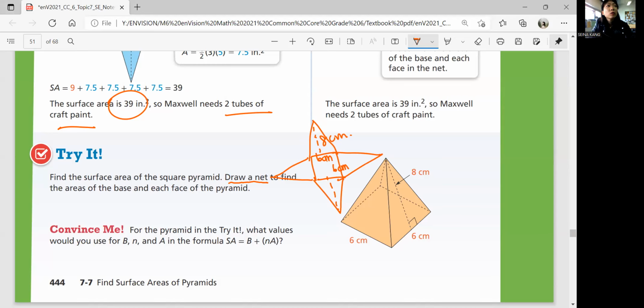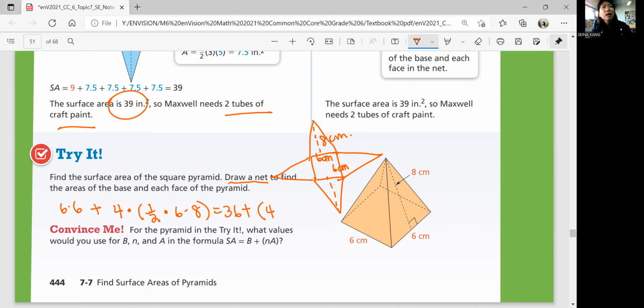So your area would be the area of the base, 6 times 6, plus 4 times, because you have 4 triangular faces, 4 times 1/2 of 6 times 8. That is the area of the triangle, right? So you have 36 plus 8 times 6, 48 divided by 2 is 24.